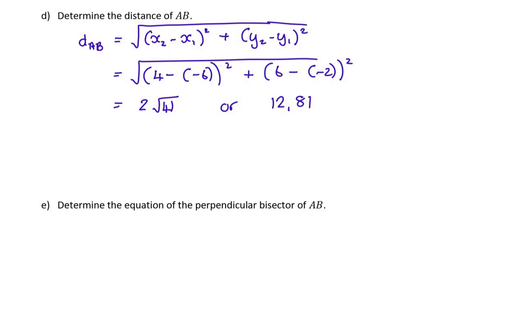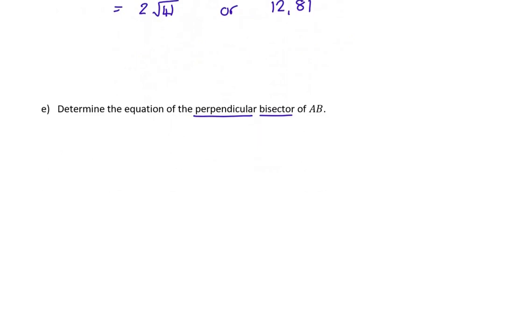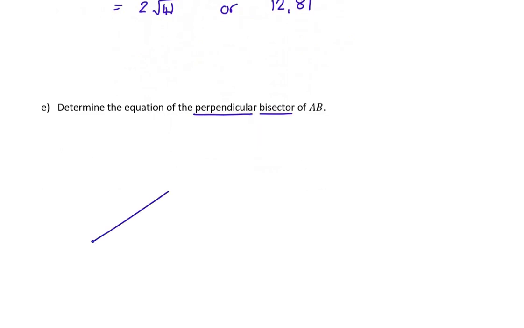Now the question says, determine the equation of the perpendicular bisector of AB. So perpendicular bisector is a line perpendicular to AB. So I'm just going to draw AB for us again. B was the point here, which was 4, 6. A was the point negative 6, negative 2.